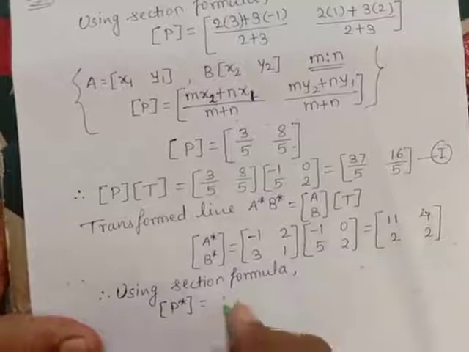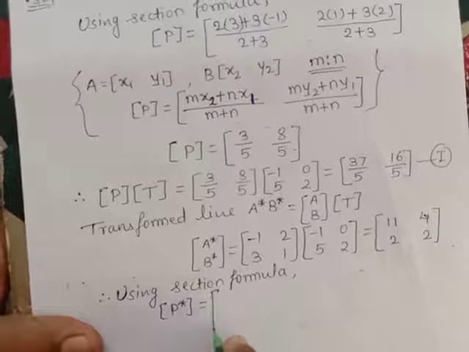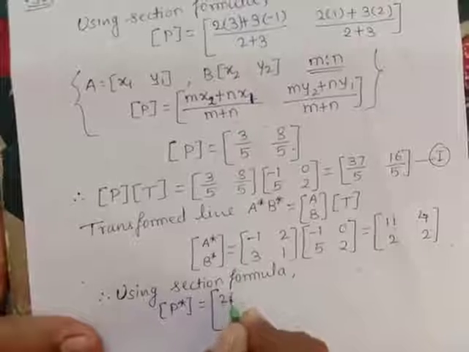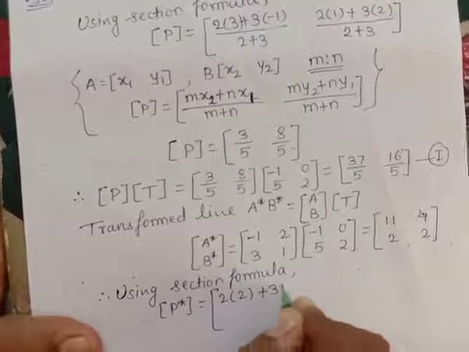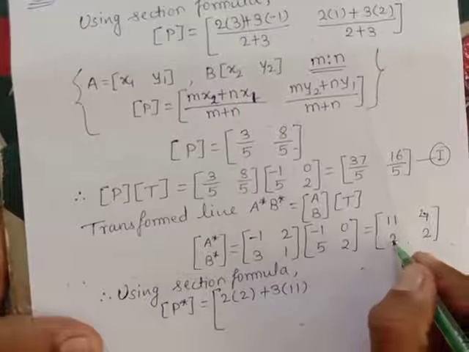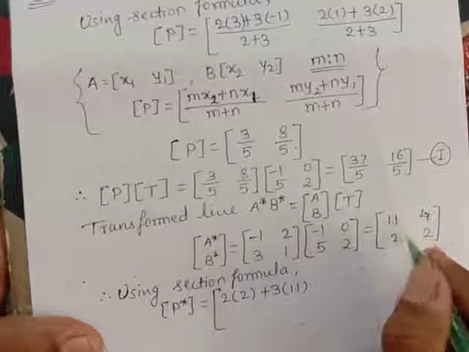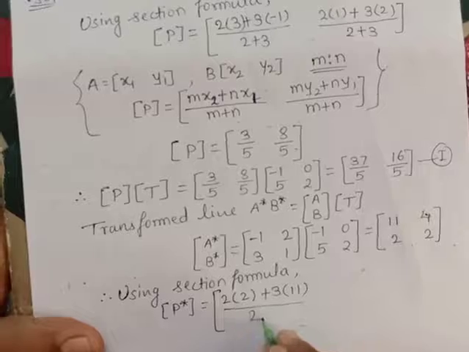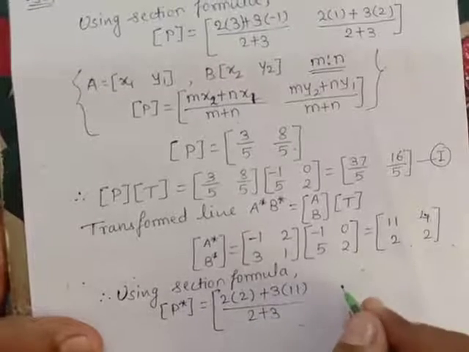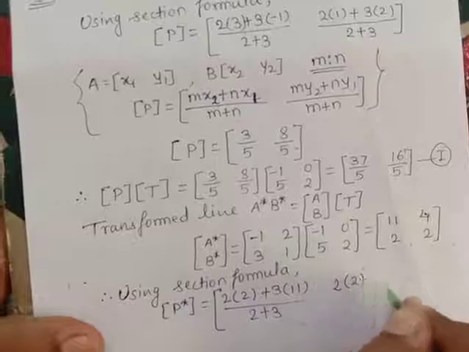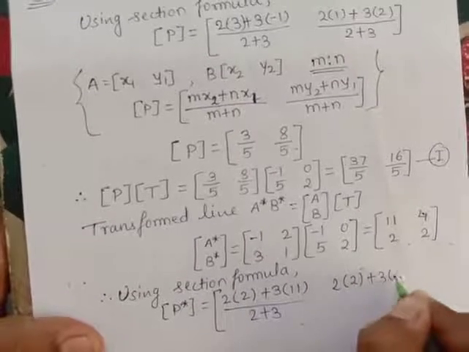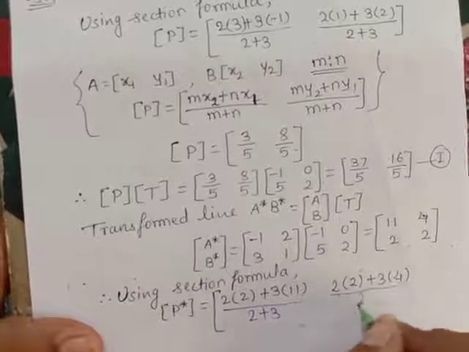That one we have to obtain in that way. Okay. So 2 into 2 plus 3 into 11 upon 2 plus 3, again 2 into 2 plus 3 into 4 upon 2 plus 3.